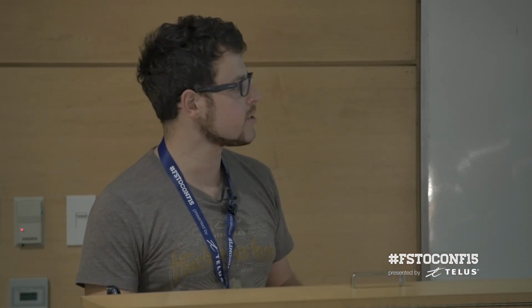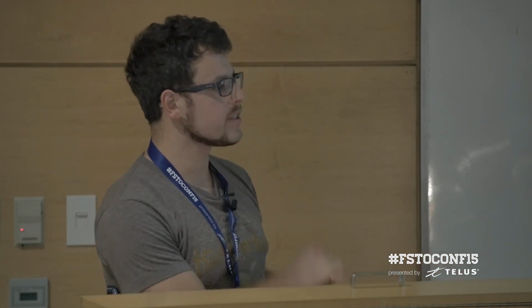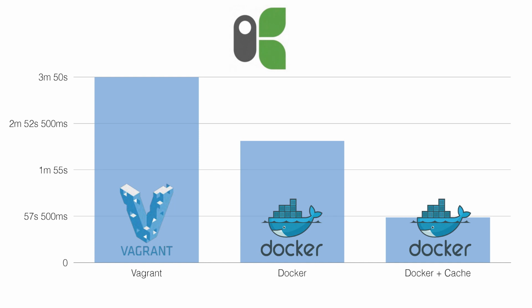So I talked about the performance gains. Well, let's quantify those. With Vagrant, in our particular example, you have the overhead of spinning up an entire operating system, waiting for it to boot up before you can actually start to run your tests. So a simple and empty Vagrant box is going to take you 3.5 minutes to do a full verification cycle.